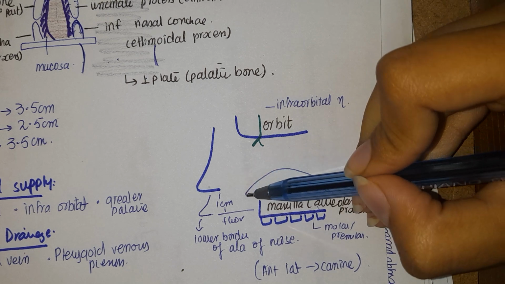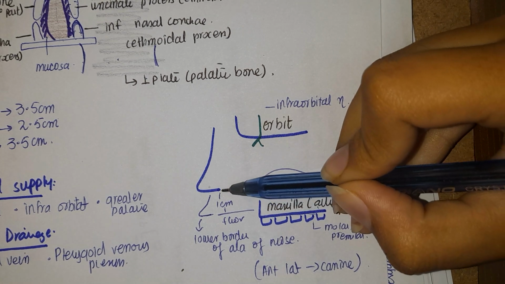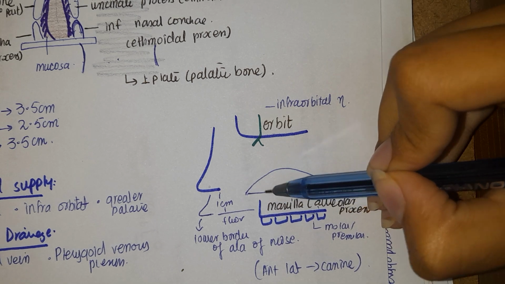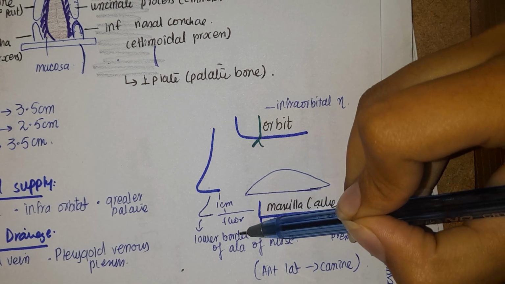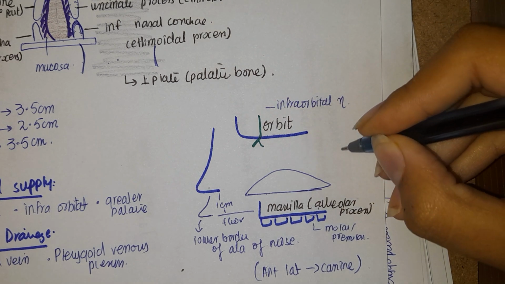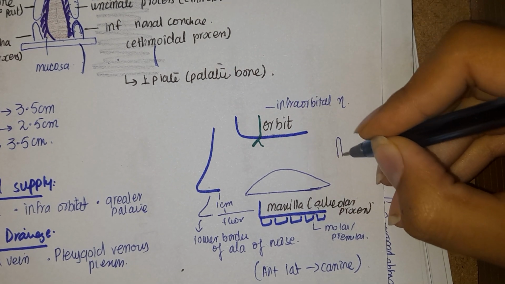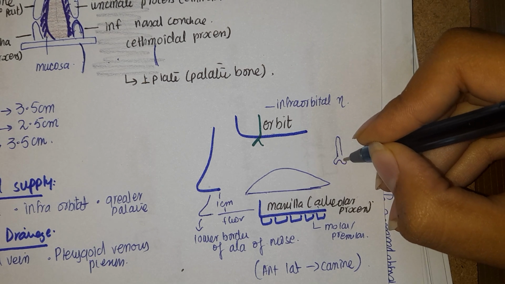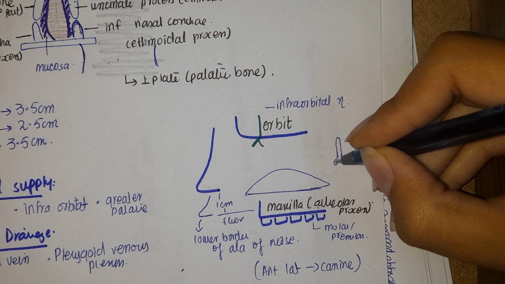Its floor is oriented such that it is 1 centimeter below the floor of the nose, or the floor of the maxillary sinus is forming the lower border of the ala of the nose. If you have studied the vomer of the nose, the vomer has this superior portion, and then inferiorly it divides into this portion which is known as the ala.